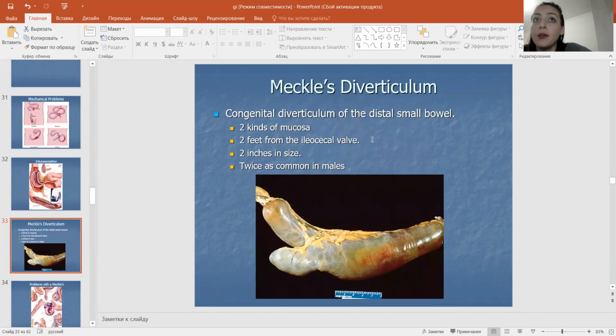Meckel's diverticulum, congenital diverticulum of the distal small bowel, two kinds of mucosa, 2 feet from the ileocecal valve, 2 inches in size, and twice as common in males.